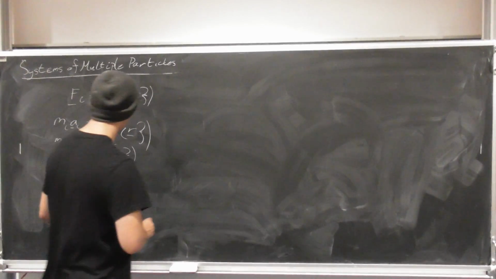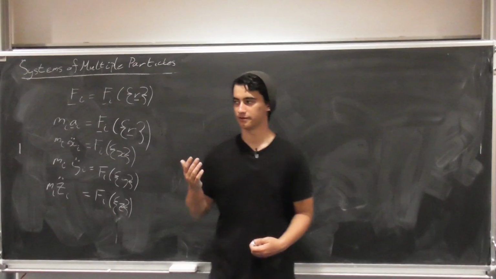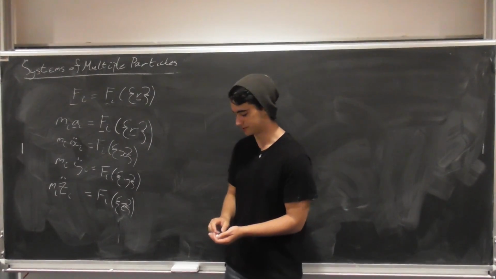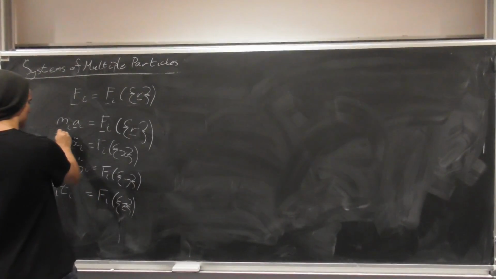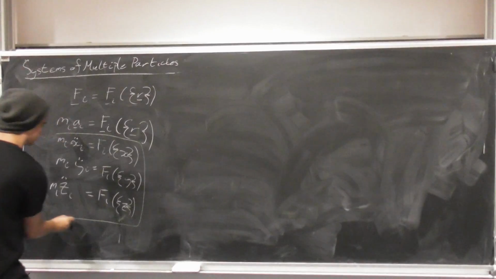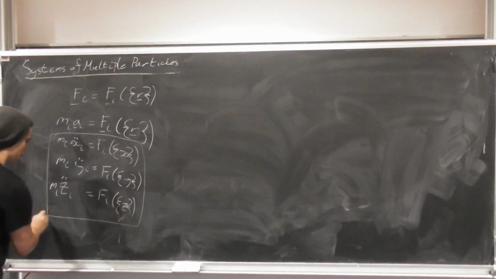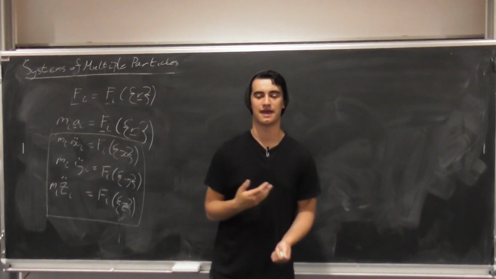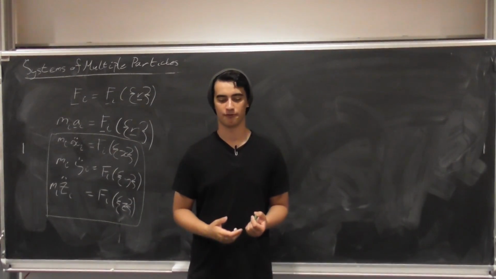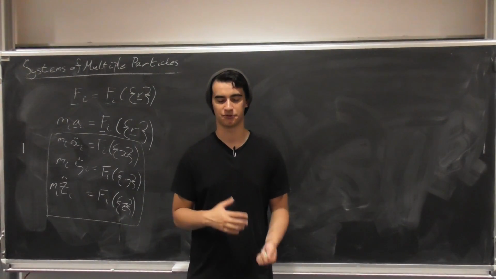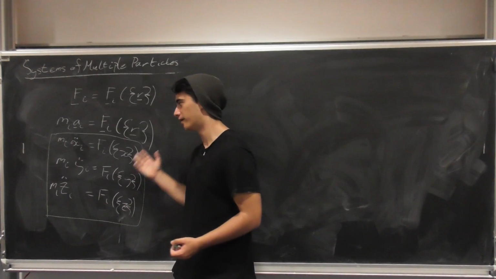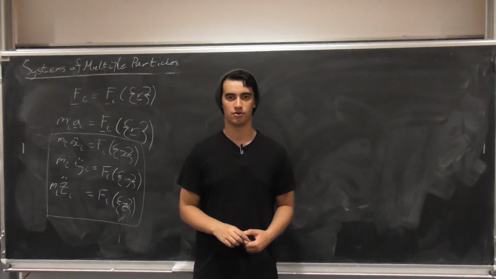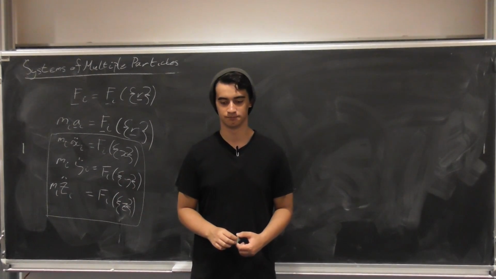Now that we have three equations that will let us model one particle as a part of a system, we can think of how many equations we need for a general system. If a system had n bodies, we now know that we'd have to use at least 3n equations to model each body in that system.